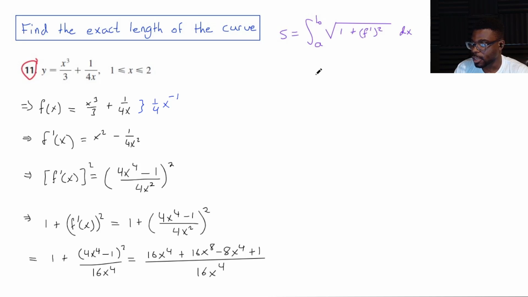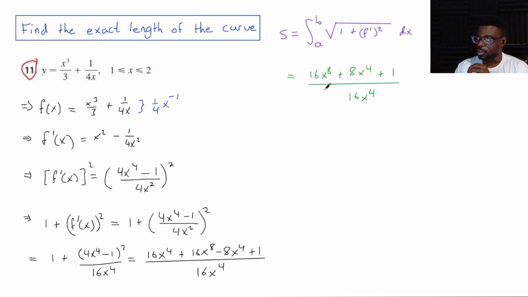So now we're going to have 16 times x to the power of 8 plus 8x to the power of 4 plus 1, and we're going to divide this by 16x to the power of 4.